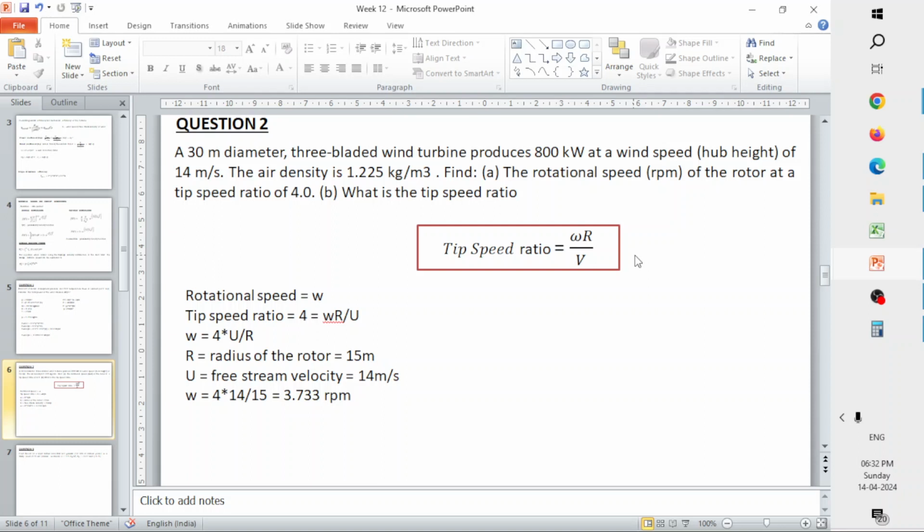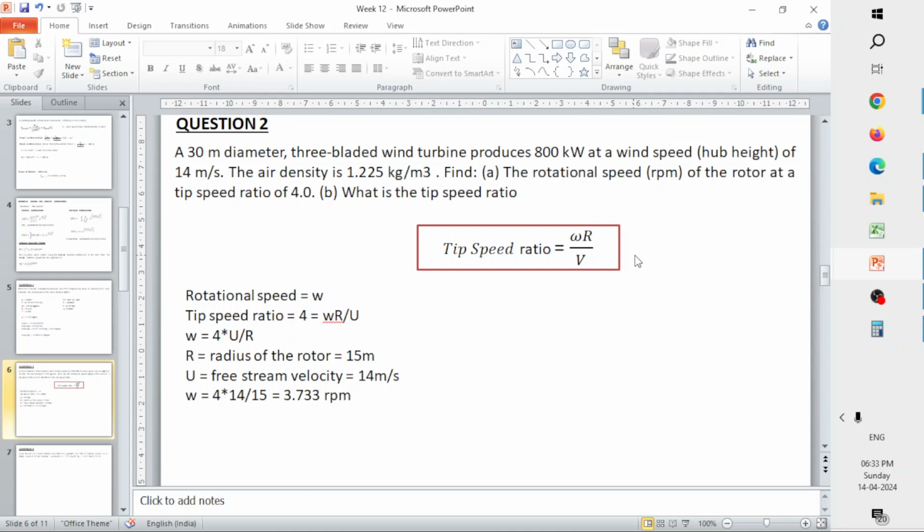Your r and u will remain the same. So you are supposed to calculate the value of omega, that is nothing but your rotational speed. Rotational speed can also be defined as the number of rotations per minute, right?